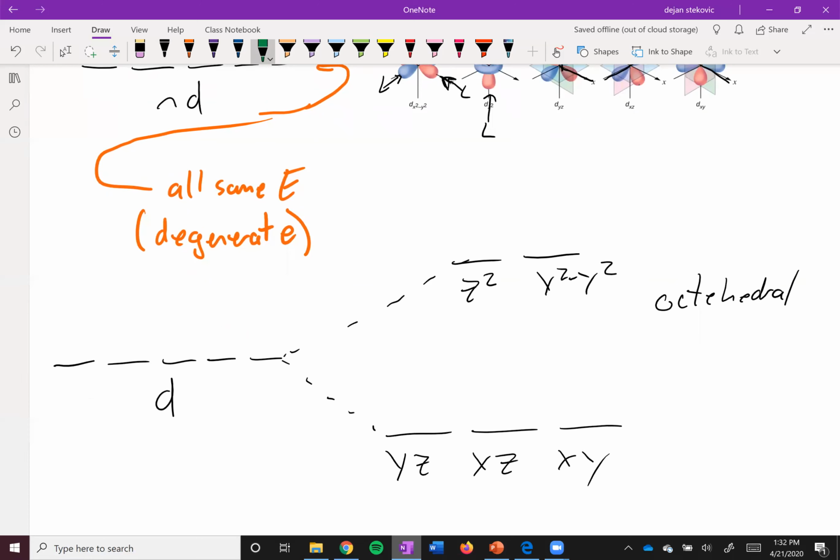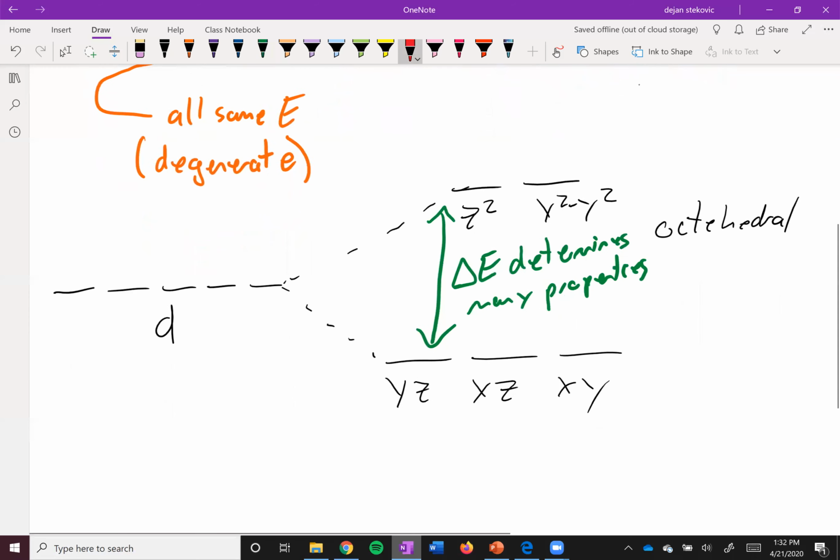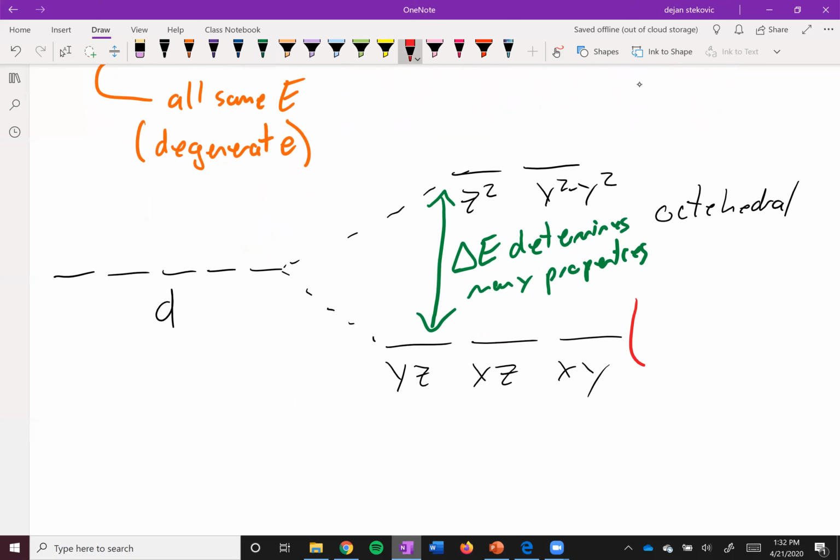So we can see some of our orbitals are still degenerate, some of them are not, and so there's an energy gap here. And so this energy gap is going to determine many of the properties that we see. And there's many ways to control this energy gap, or there's many things that it depends on.